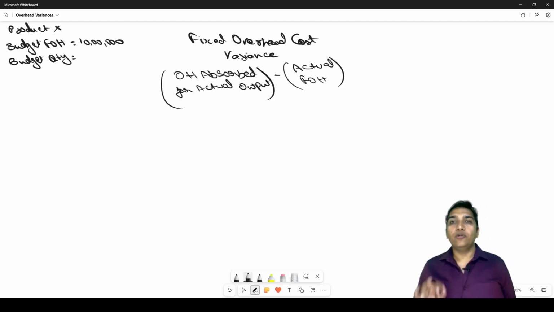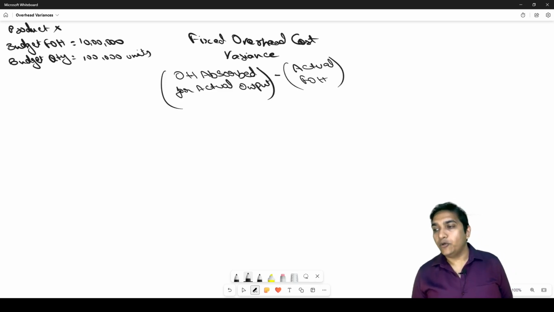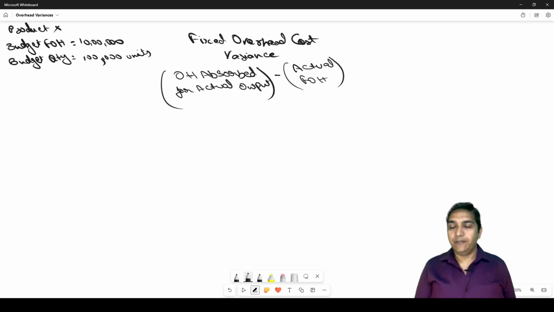They budget the output quantity to be 1 lakh units.